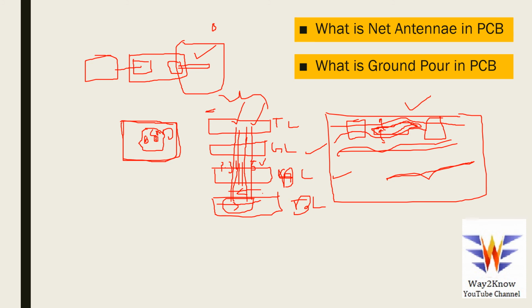So a ground pour is treated differently in a low speed PCB and a high speed PCB. In a low speed PCB, if you do a ground pour, there should not be any issue. Even if it is an open area, and you don't have a wire to ground, there is no issue.